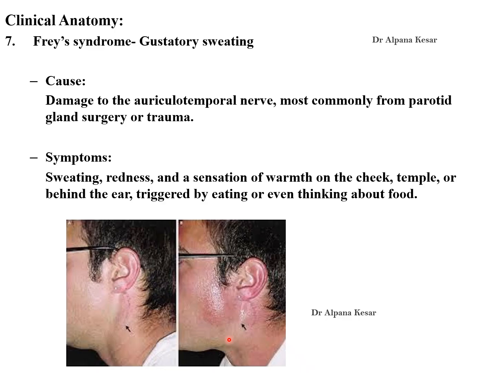Auriculotemporal nerve is secretomotor to the parotid gland, and the great auricular nerve supplies the skin of the parotid region. It also supplies the sweat gland in the region of parotid gland. So when the intermingling of the fiber occurs, then at the time of eating, the auriculotemporal nerve gets stimulated to stimulate the parotid gland. At the same time, the great auricular nerve may also get stimulated, thus leading to sweating in the region of parotid gland.